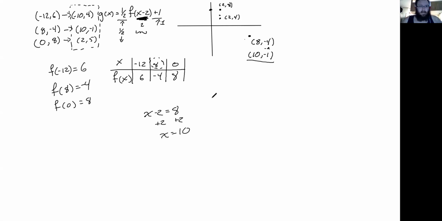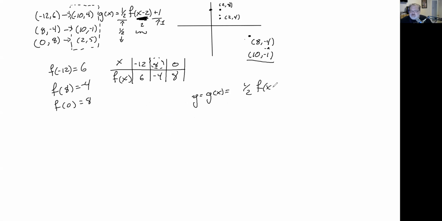So I get that, right? So the 8, negative 4, you get the 10. Then from there, it says y equals g of x, and you just plug in your 10 or whatever value you get and solve for y, I guess. Essentially, so the y equals g of x is the 1/2 f of x minus 2 plus 1.